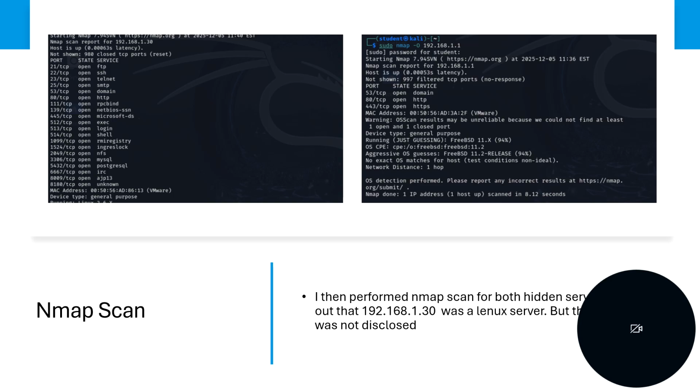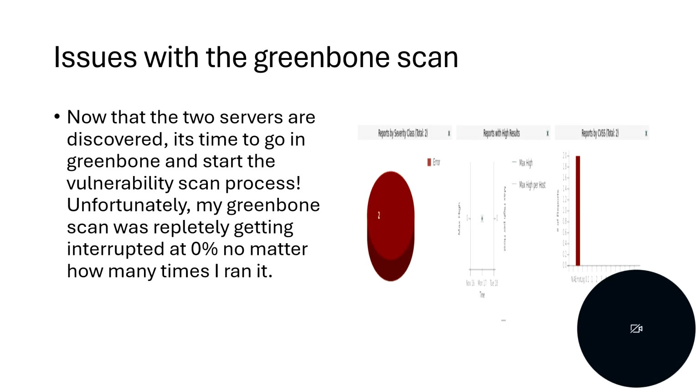My guess is that maybe a firewall configuration blocked operating system fingerprinting attempts, or it could be something else. Now that I had successfully discovered and identified the two hidden servers through my Nmap scan, I was ready to proceed with the Greenbone vulnerability scanning process.